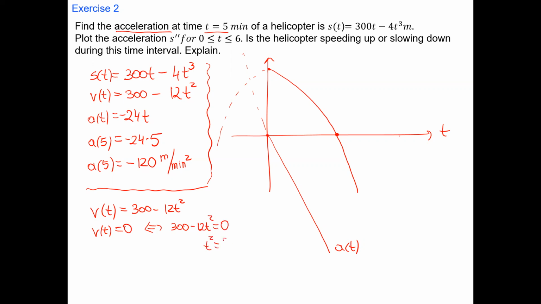This will be t squared equals 300 divided by 12. We can divide by 3 and we can divide by 4. Okay, 25, then t is actually 5. We're not interested with negative. Okay, that's good. But we have the situation that we're looking at the interval between 0 and 6.